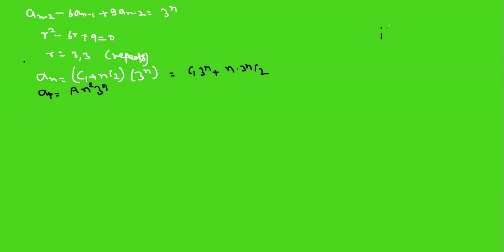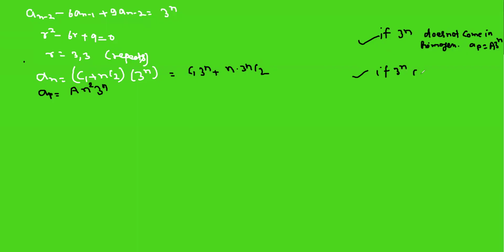Understood? If 3n does not come in homogeneous, then simply use what? A 3n. Okay.